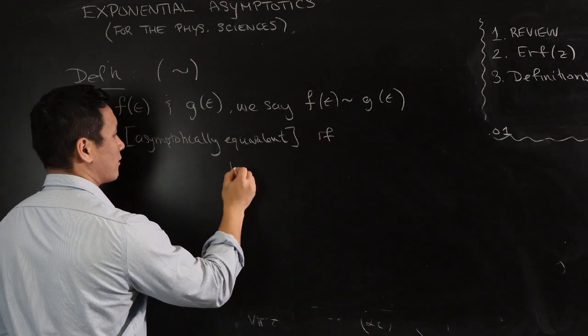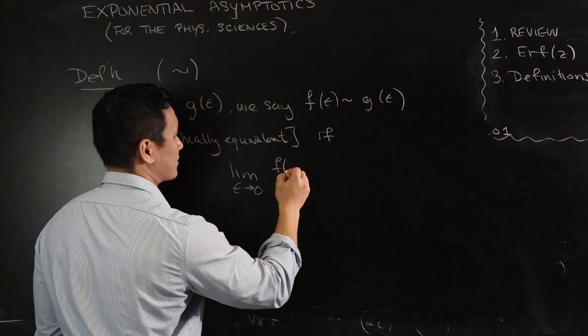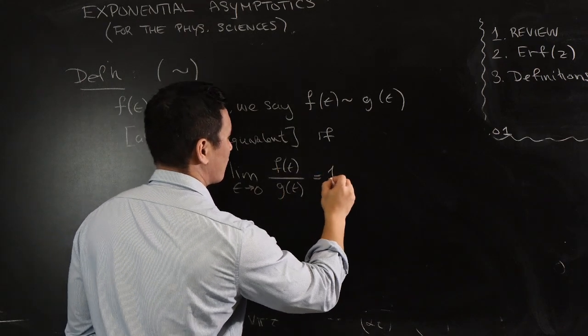So if the limit as epsilon tends to 0 of f of epsilon over g of epsilon is 1.